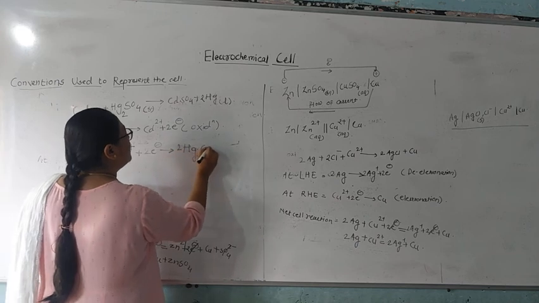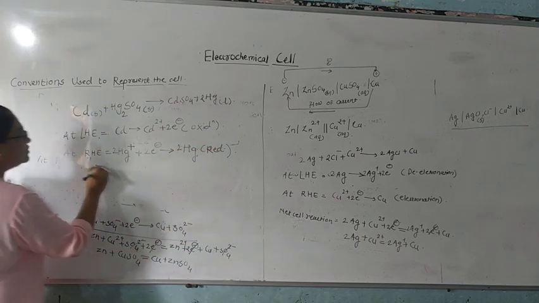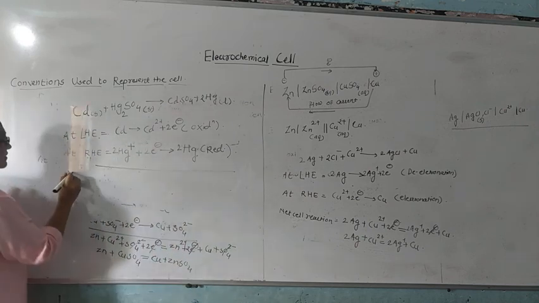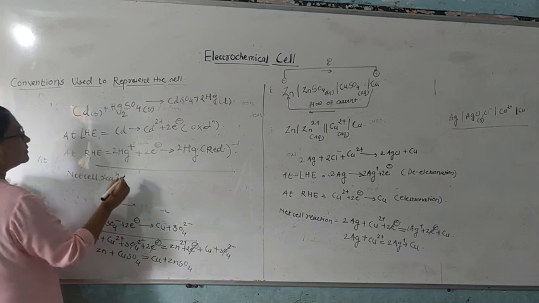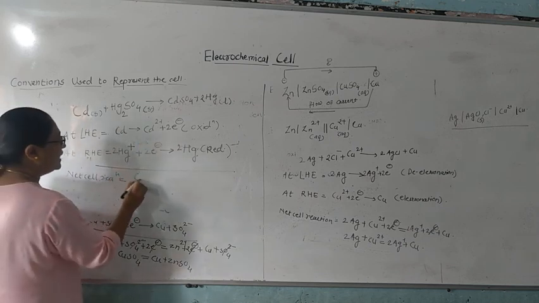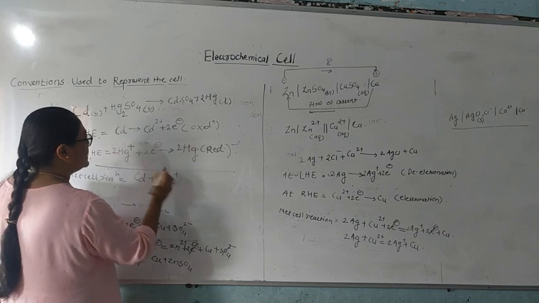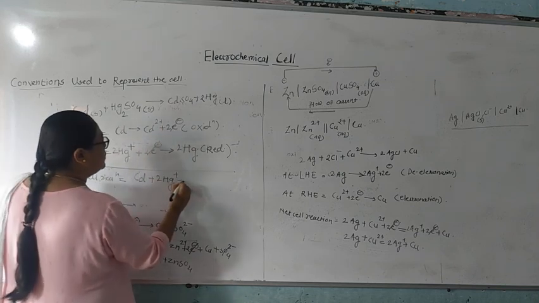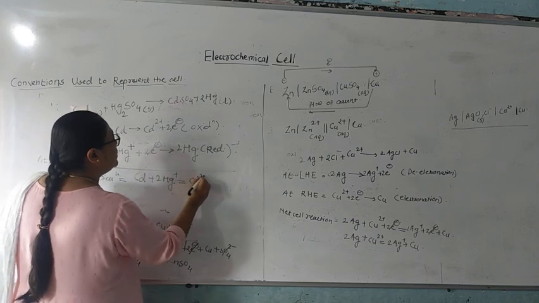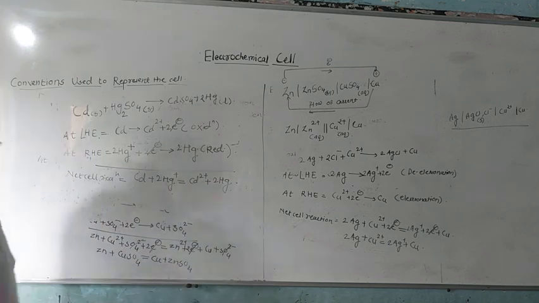So this is a reduction reaction. So the net reaction is cadmium plus twice of Hg plus. Now if I cancel the 2 electrons on both sides, it is equal to cadmium 2 plus plus twice of Hg. This is your net cell reaction.